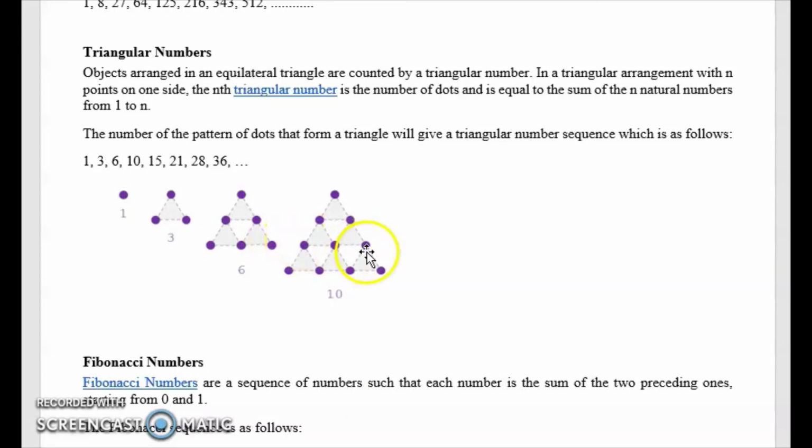Hanggang palaki ng palaki ang triangle na yan. Anong isusunod nating i-add sa 36? Ano yung difference nila? 36 minus 28 is 7. Anong susunod na i-add natin dito? 8. 36 plus 8 is 44. Magiging 44 dots na. Palaki na ng palaki yung dots na yan. Tuloy-tuloy lang. So that's why tinawag natin triangular numbers.